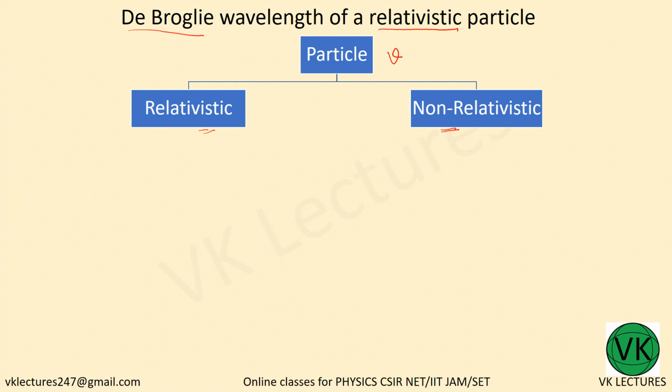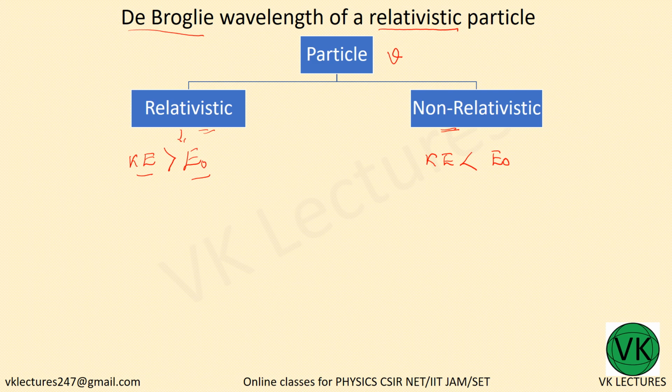If the kinetic energy of the particle is greater than its rest mass energy E naught, then it is termed a relativistic particle. If the kinetic energy is less than the rest mass energy, then it is non-relativistic.